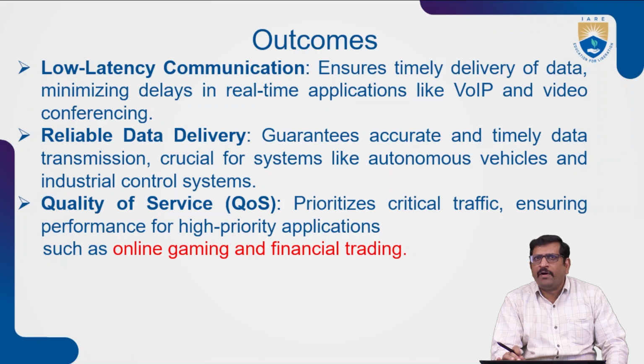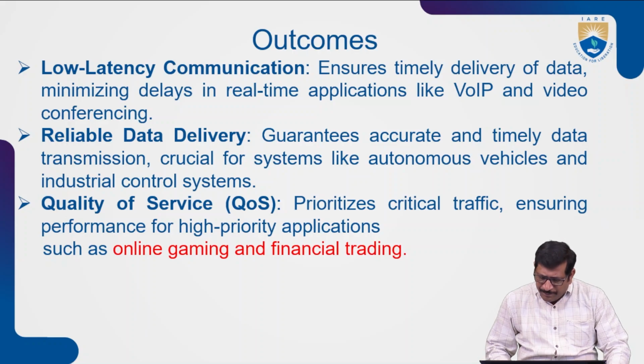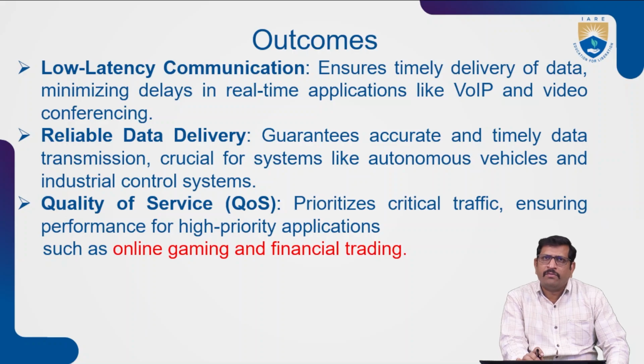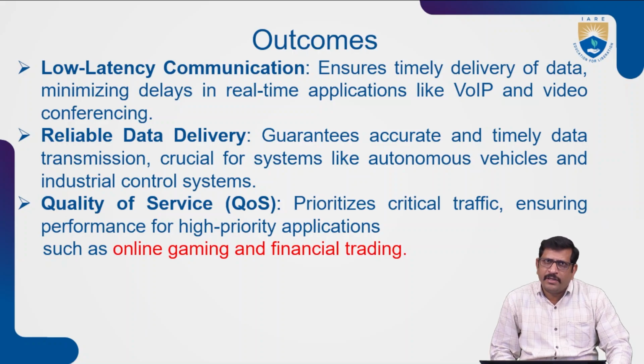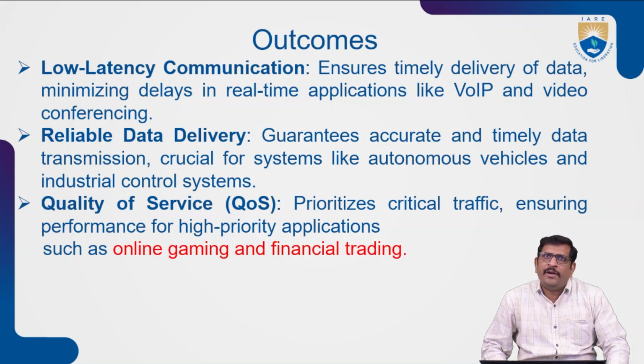It also maintains performance for high-priority applications, such as online gaming and financial trading. These are all the outcomes of the network layer: low latency communication, reliable data delivery, and quality of service.